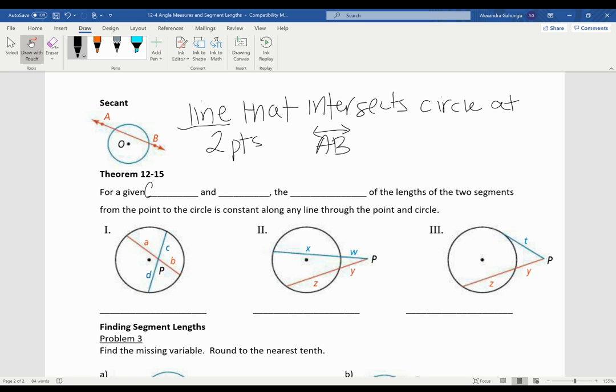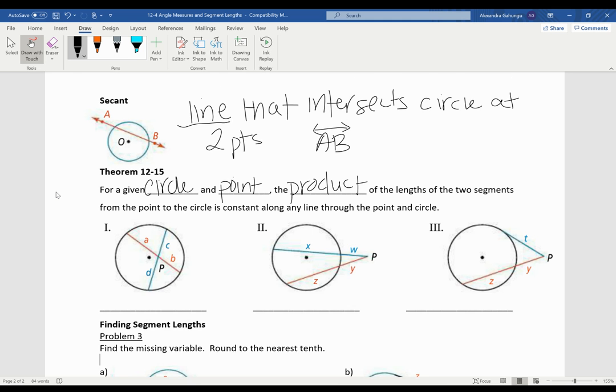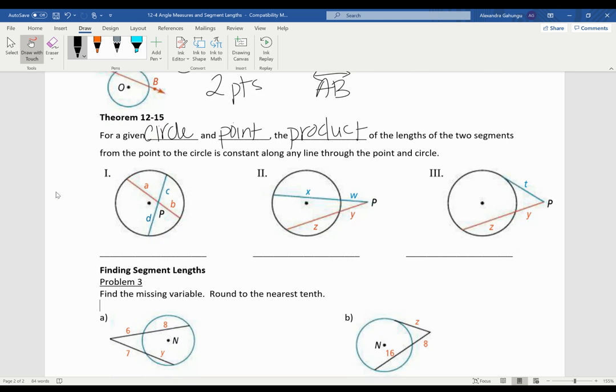So for a given circle and a point, the product of the lengths of the two segments from the point to the circle is constant along these lines that we have.